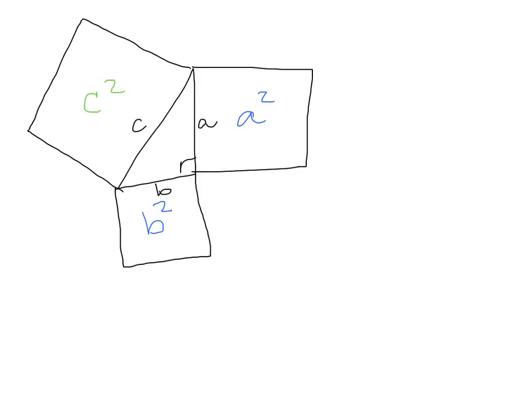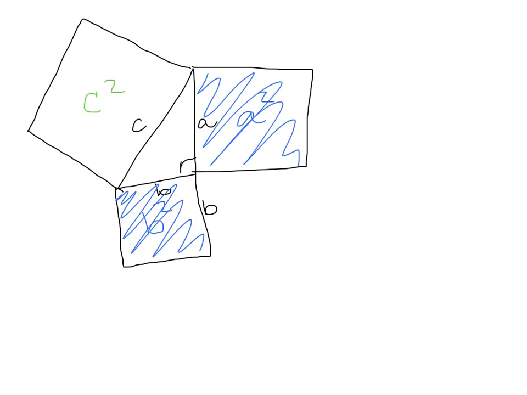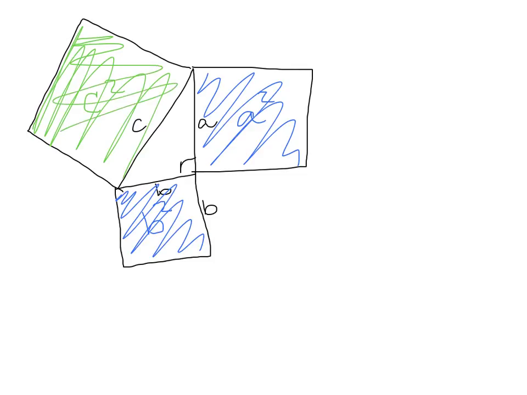That's what squared means: the area of a square with a specific side length. So what this means is that I could fit the areas of these two squares perfectly into this square. Later on this year, you're going to look at some really cool proofs of the Pythagorean theorem. Just so you know, there are hundreds of different ways to prove it.